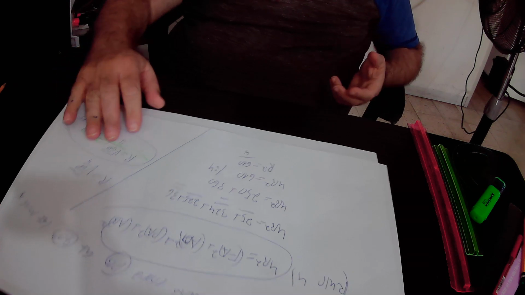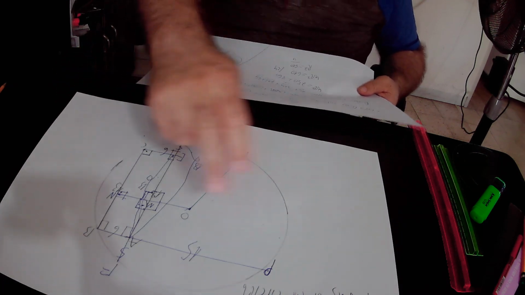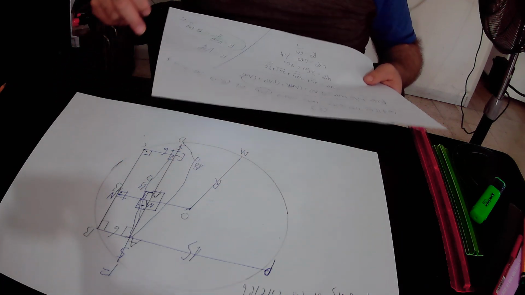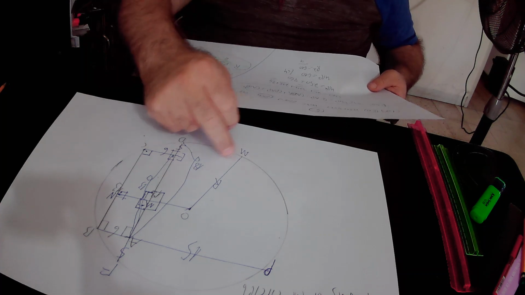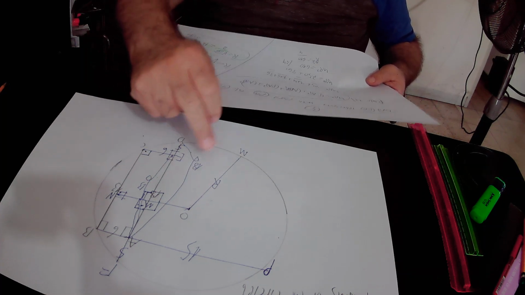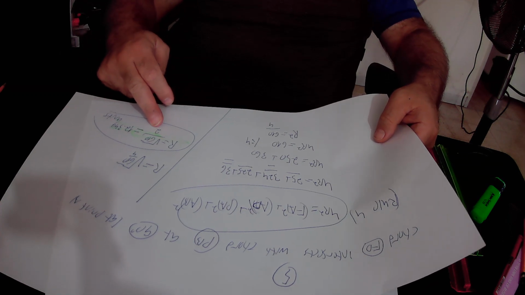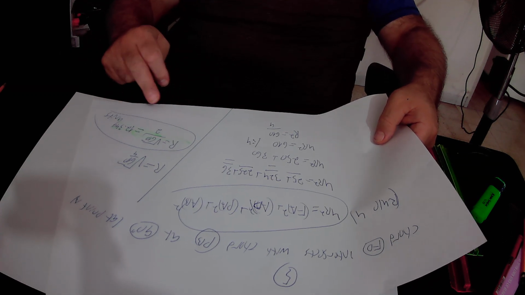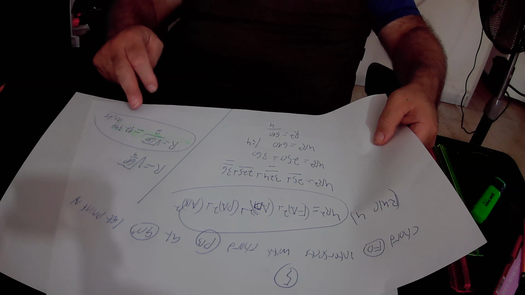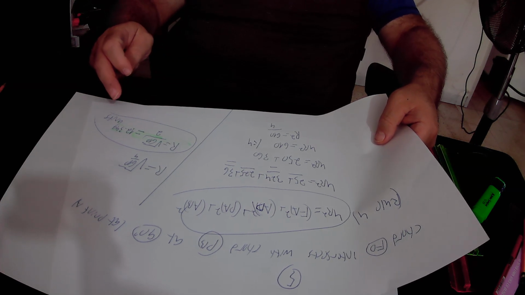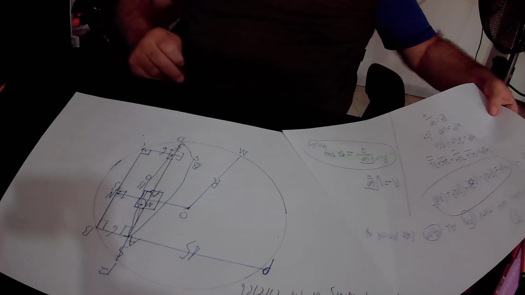So the radius of this circle, ON, that is capital R, equals the square root of 610 over 2 units, or in terms of numbers, 12.349 units. Okay, thank you very much.